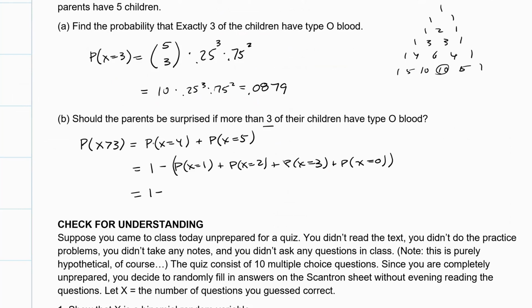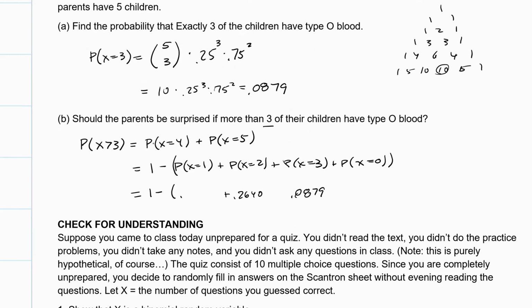This one is 0.0879. Going back, the probability of exactly 2 was 0.2640.